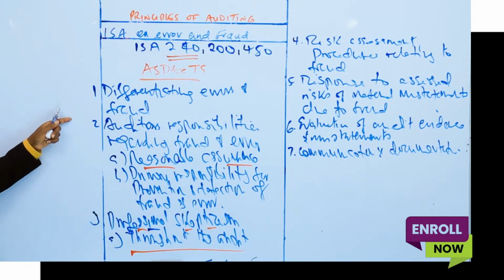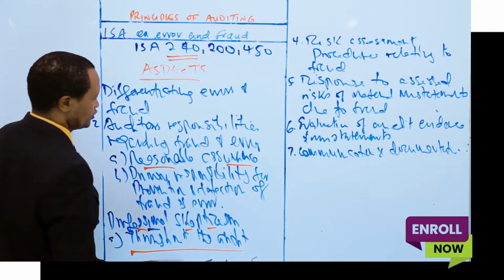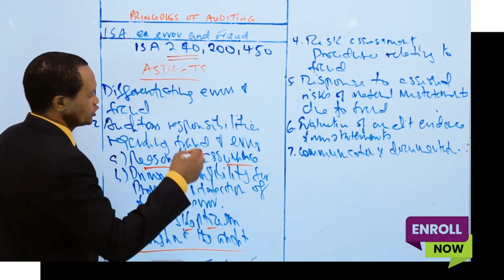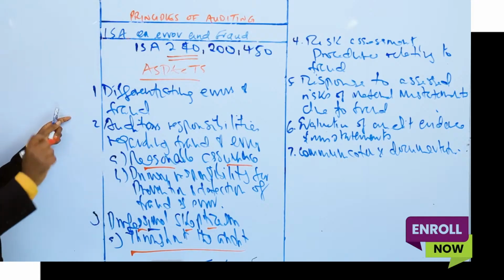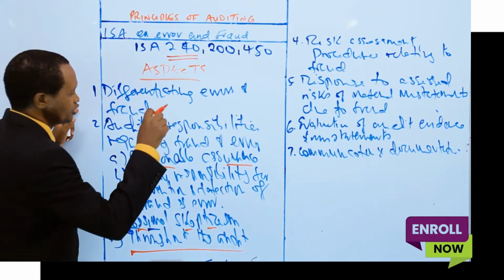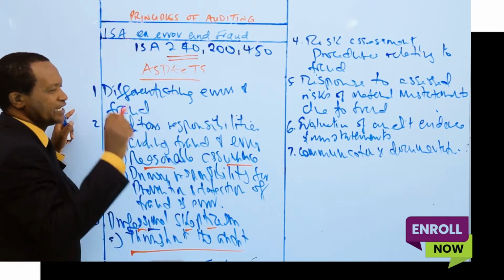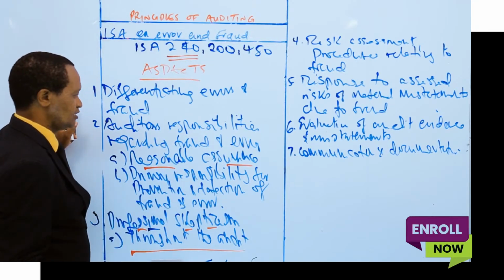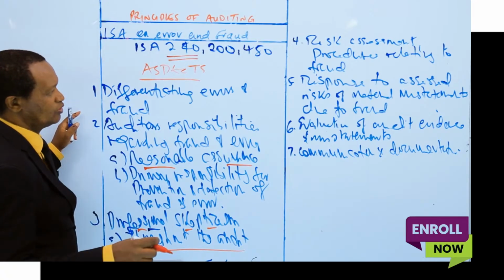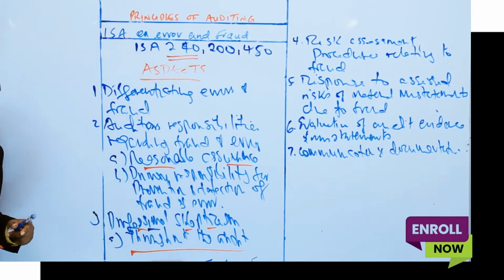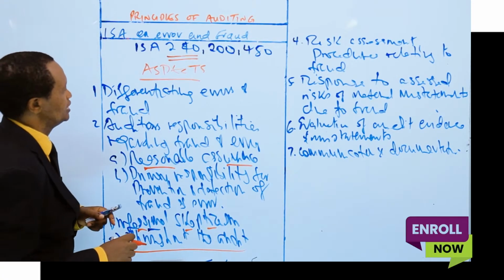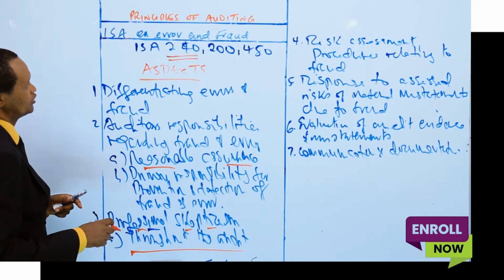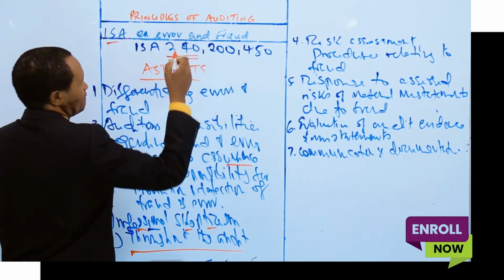The primary responsibility for prevention and detection of fraud rests with management and those charged with governance. But the auditor has a responsibility to provide reasonable assurance that financial statements are free from material misstatements resulting from error or fraud. And that's it for the lesson on international standards on auditing on error and fraud.